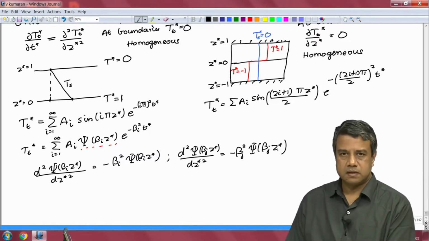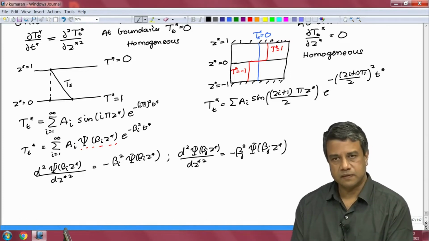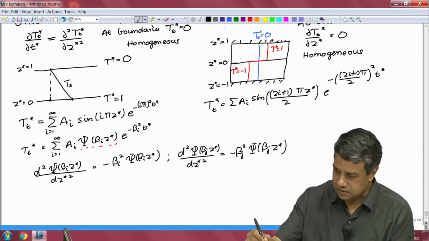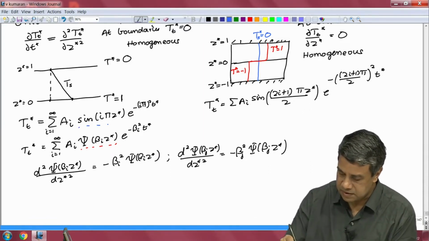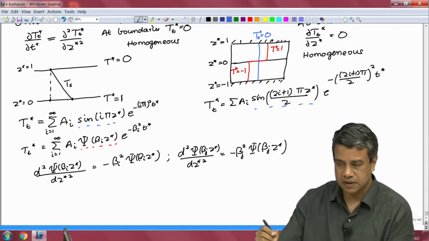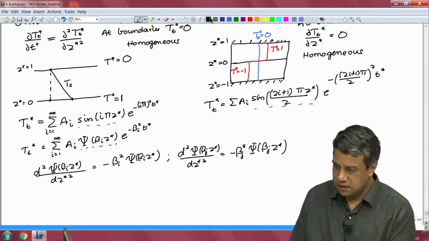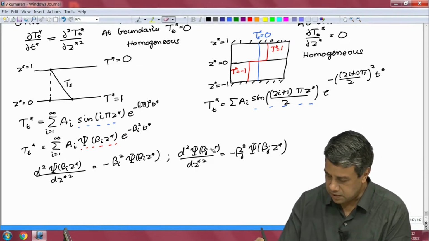So, for i you get minus beta i square, for j you get minus beta j square, and you can see that these sine functions satisfy that particular form in a Cartesian coordinate system.